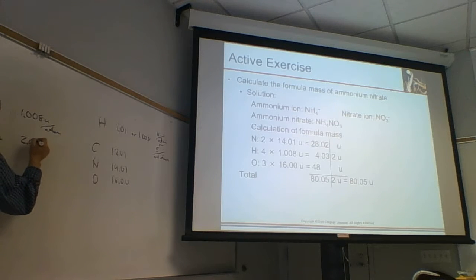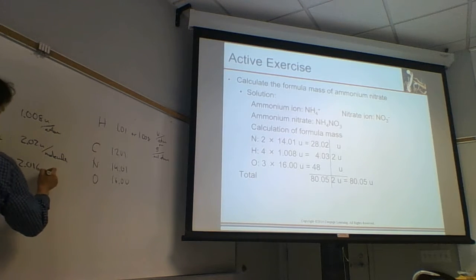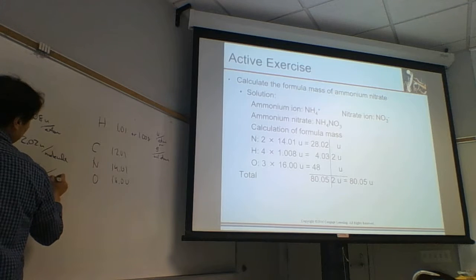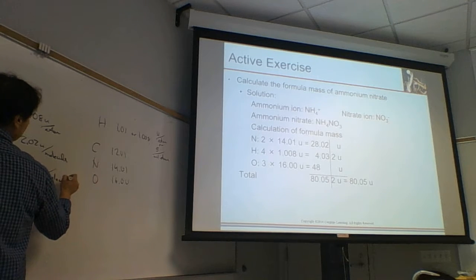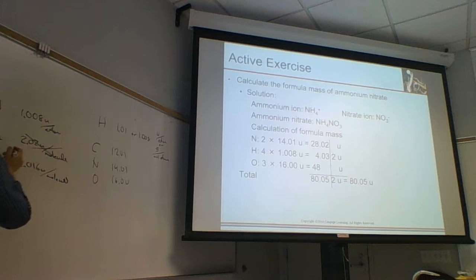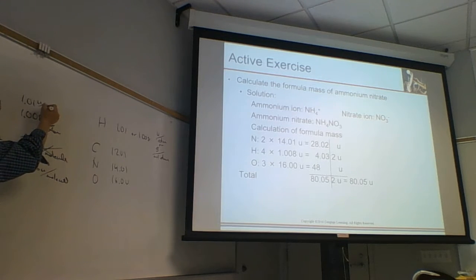I could say, oh, it's 2.02 U per molecule of H2. Or I could say it's going to be 1.008 times 2, which is 2.016 U per molecule. And so in this case, I wouldn't use the 1.01 because I would end up with 3 sig figs. Here, again, I wouldn't use 1.01 U per atom because I'd only end up with 3 sig figs. 4 sig figs, the typical conversion factor.